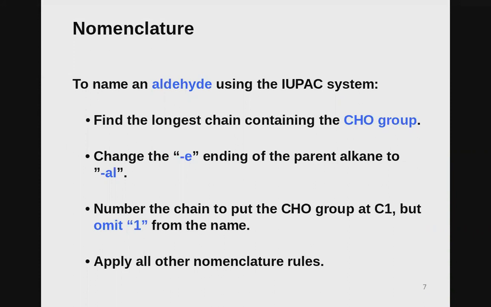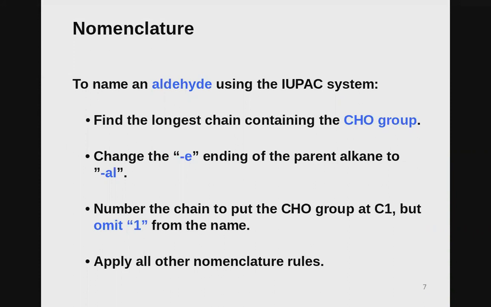Then we number the chain to put the CHO group at carbon number 1, but we omit the number 1 from the name. So in this case, heptanal is a good example. The al tells me I have CHO. This tells me I have 7 carbons, right? The CHO should be at carbon number 1. Thus, we don't have to have a number in the name.